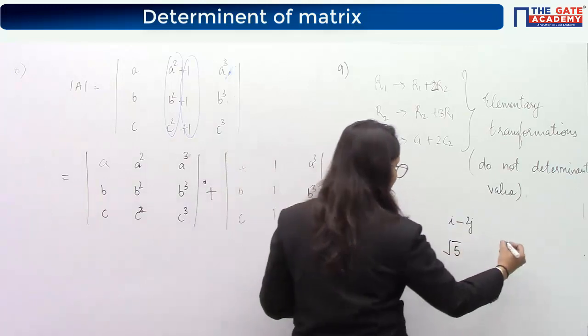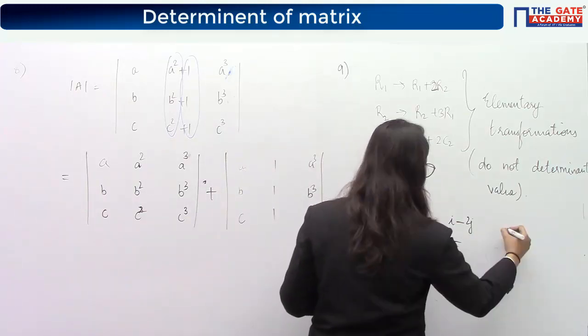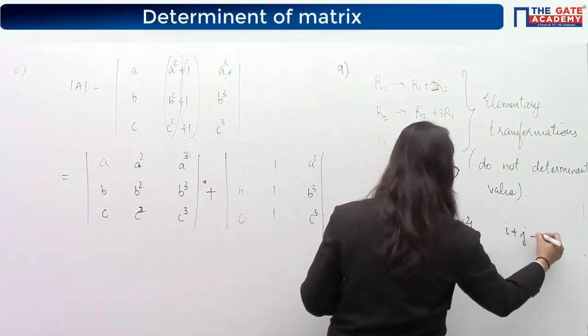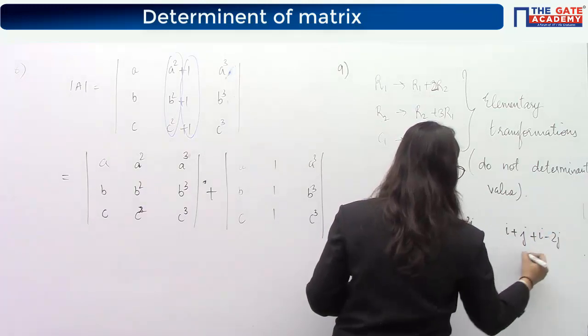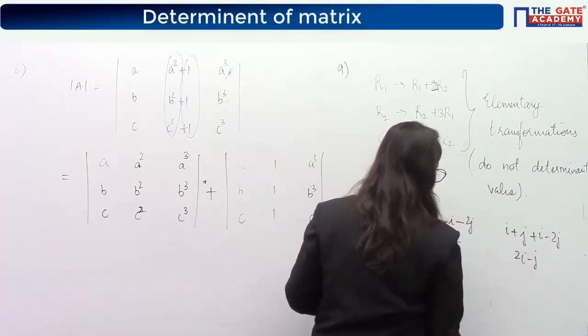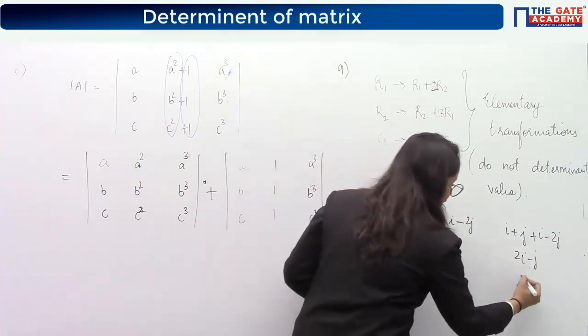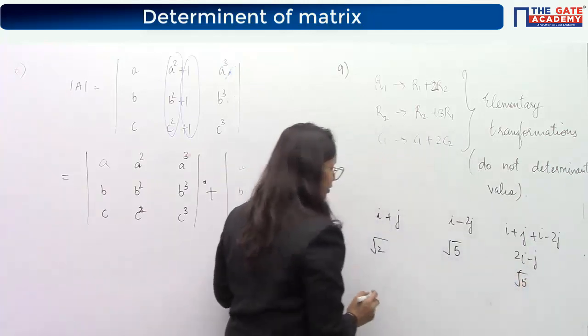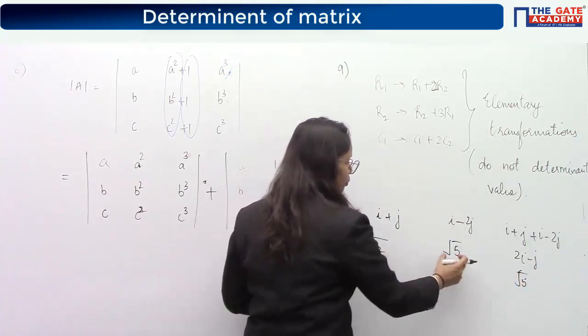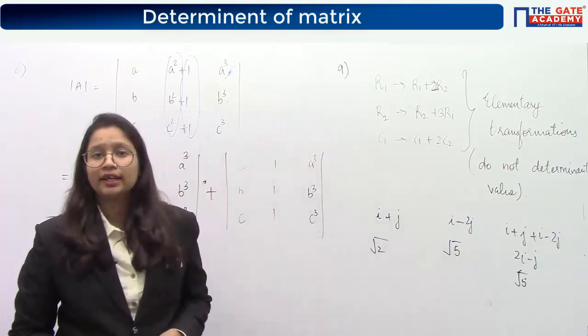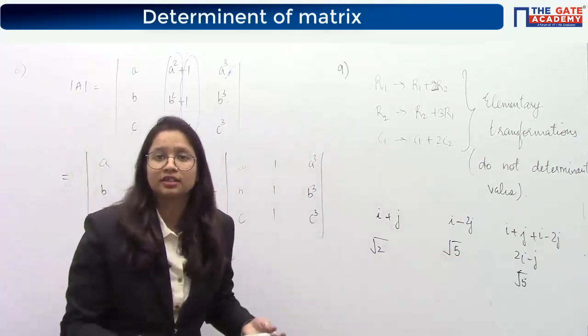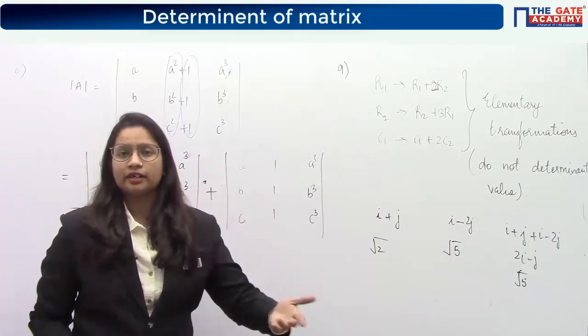But the magnitude of the sum of these two vectors is not equal to the sum of their magnitudes. If I ask you the magnitude of this quantity, it will be under root 5. This is not the same as under root 2 plus under root 5. So you can't directly add the determinants and get the resultant matrix's determinant.